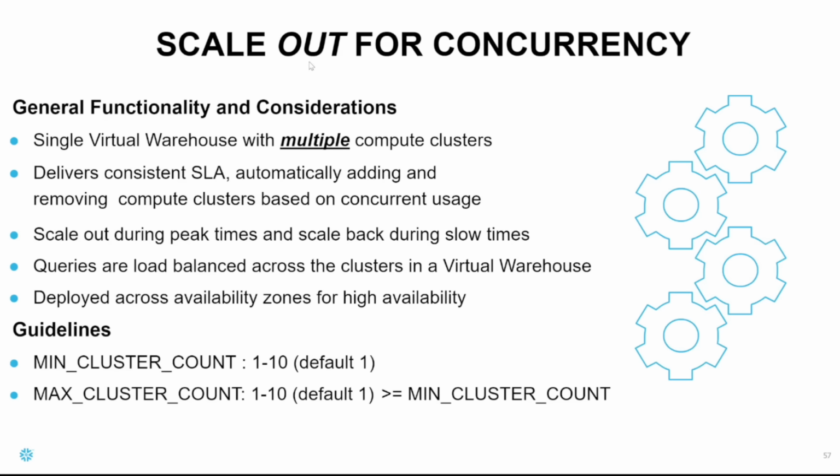If you want to scale out, that means you want to add new servers into your cluster to help you with concurrency. Let's say currently you have 10 users who are running queries on Snowflake, and Snowflake is able to accommodate all those 10 users' queries. Now suddenly your number of users increases from 10 to 50. The queries are going into a queue and running longer.